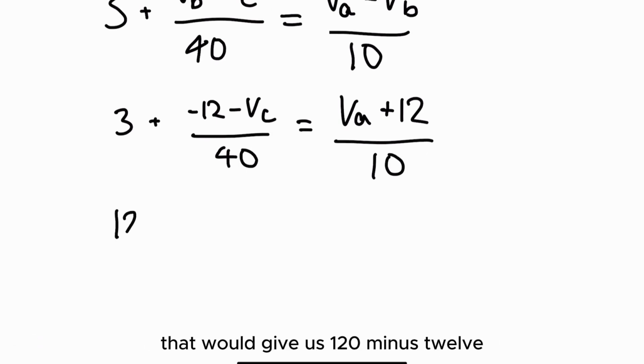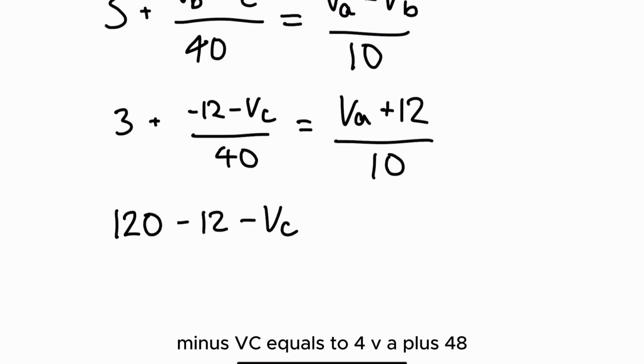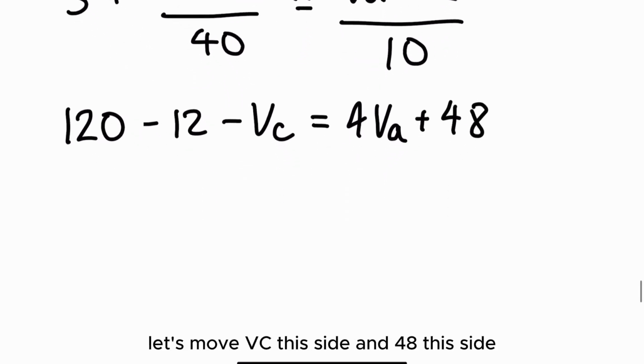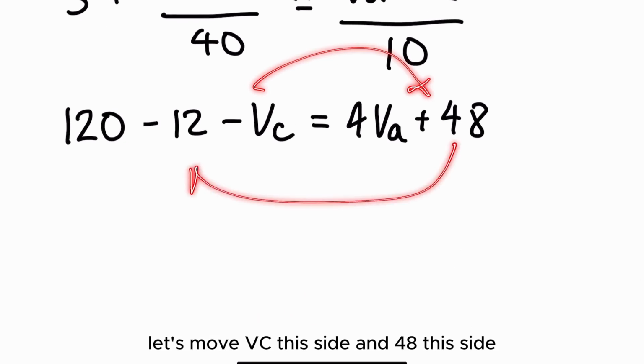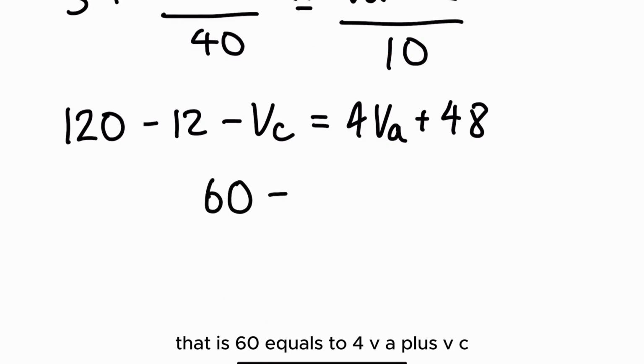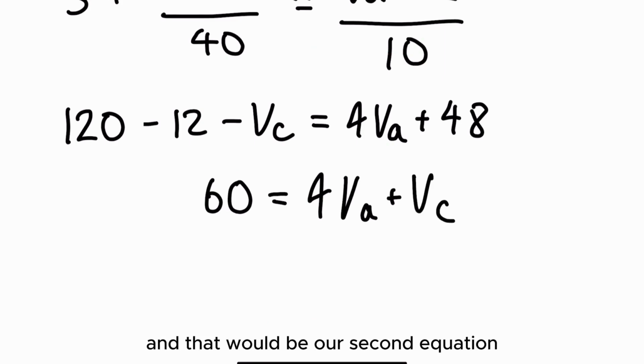That would give us 120 minus 12 minus VC equals 4VA plus 48. And now let's rearrange that. Let's move VC to this side and 48 to this side. That would give us 120 minus 60, that is 60, equals 4VA plus VC. And that would be our second equation.